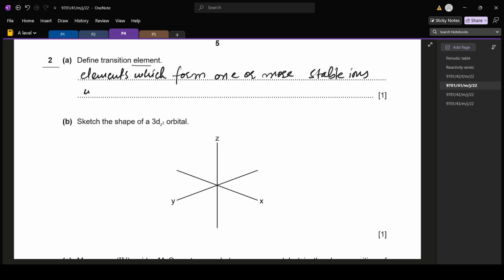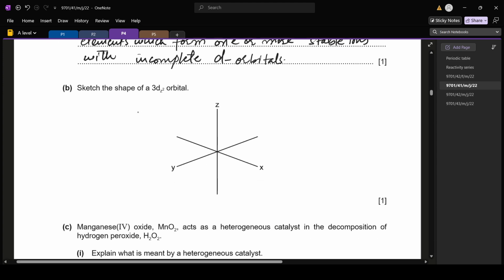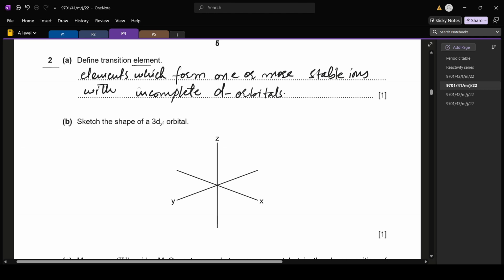This is the definition of transition elements. You have to remember that.